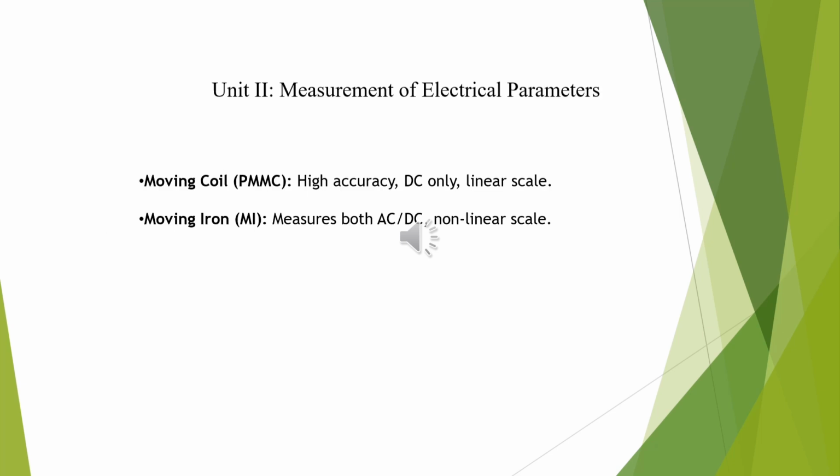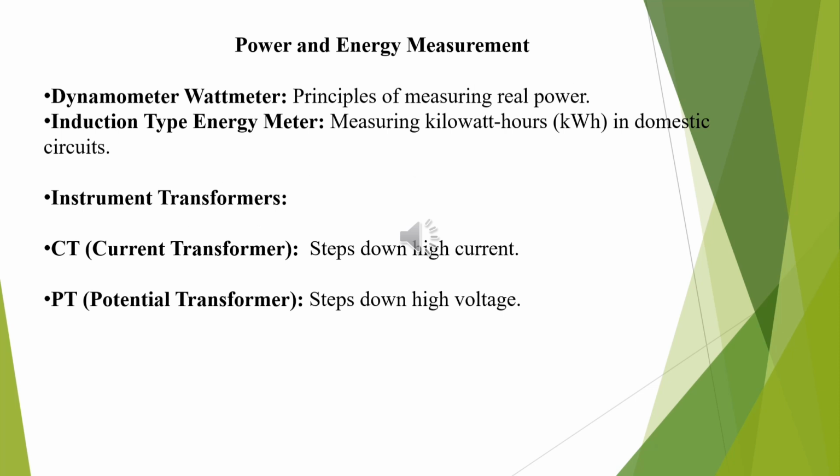Second unit comprises the measurement of parameters in electrical systems, the construction and working of induction moving coil instruments and moving iron instruments. Next, construction and working of dynamometer type wattmeter and induction type energy meter with torque equations.